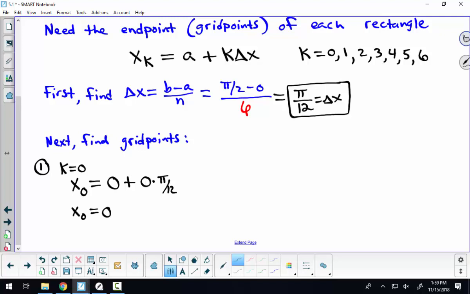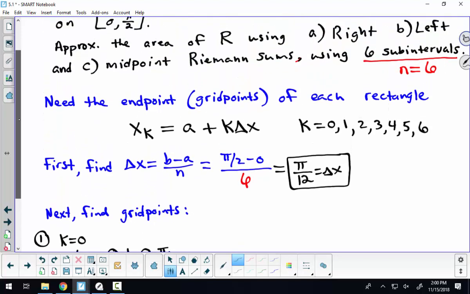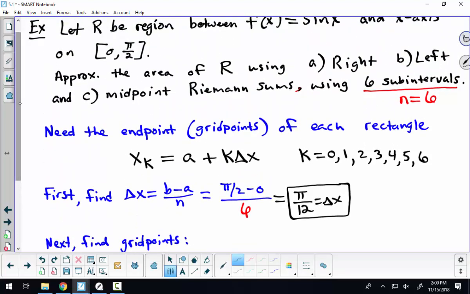Remember, x sub 0 is always the starting value of the closed interval you're given, so those should always coincide. So you can use that to check as well. The x sub 6 should also equal the endpoint of your closed interval. So our x sub 6 should be equal to pi over 2, x sub 0 should equal 0.